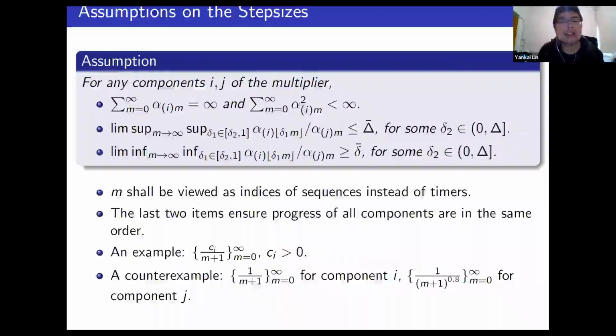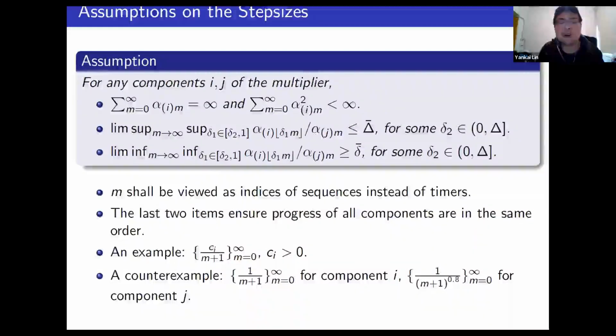And the next two assumptions, although they look complicated, the essential idea is to ensure that even if you're using different step sizes, even if you're updating with different frequencies, they have similar progress. So that's to ensure that the progress along different components is of the same order.